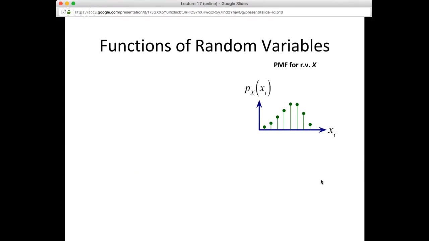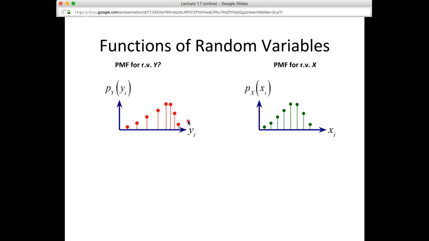Here's an example that we went through in class. Well, most of these slides are from in class anyway. We basically are going to focus for the first example on a PMF. So imagine that we have a PMF for the random variable x shown here. And so we have a series of xi's for which there are finite probabilities indicated by the green balls.